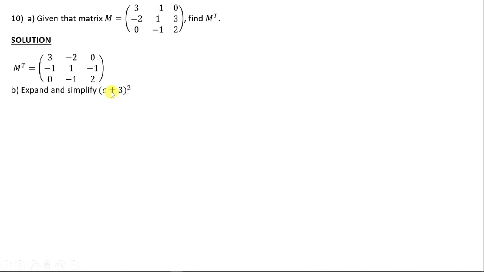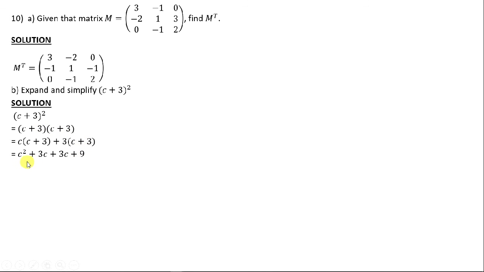We continue. Expand and simplify (c plus 3) squared. So it means multiply c plus 3 by itself twice. We are going to expand. If we multiply c times c, we get c squared. c times 3 gives us 3c. 3 times c gives us 3c. 3 times 3 gives us 9.